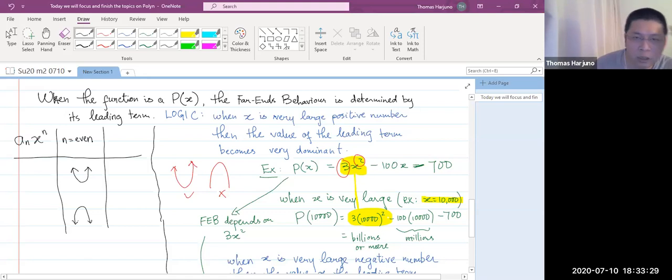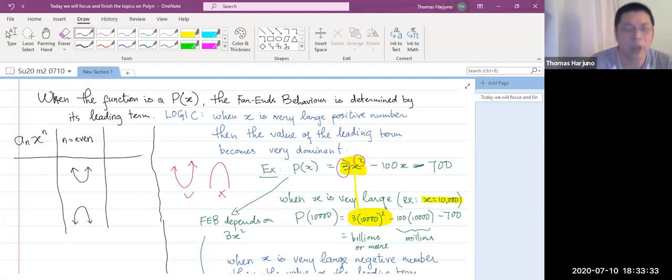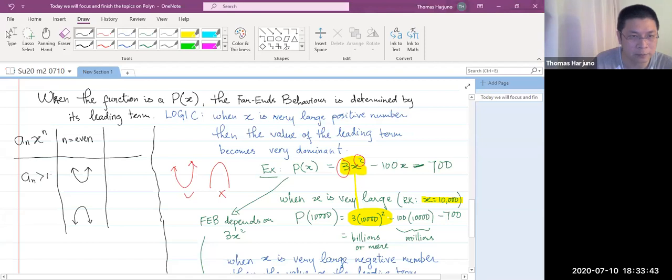Just like your x squared, the one in our example, but this also applies for x to the 4th, x to the 6th in the leading term. It opens up if the leading coefficient is positive, opens down if the leading coefficient is negative.